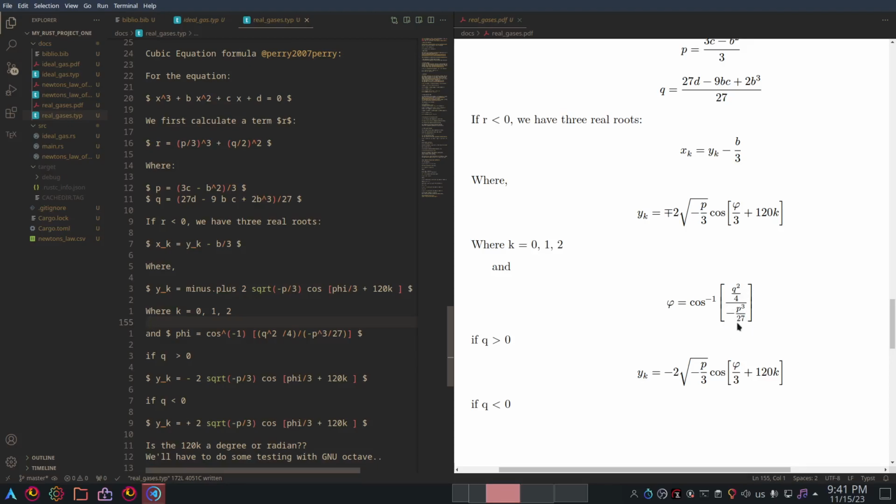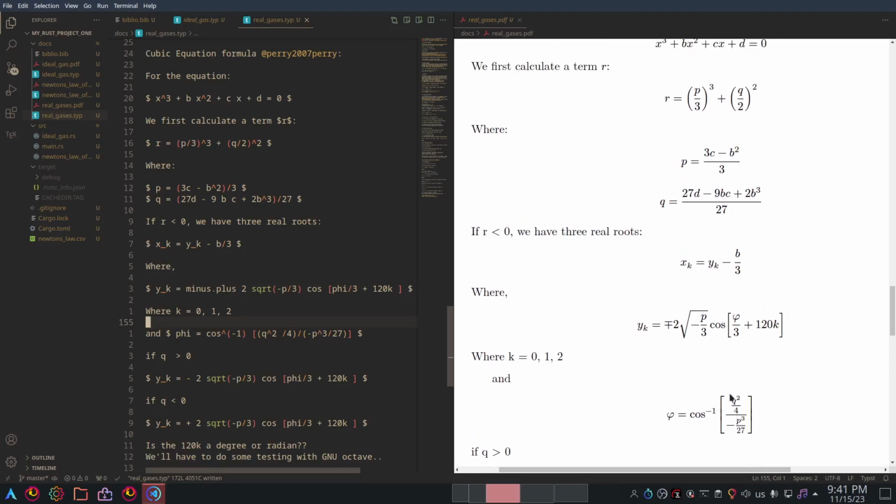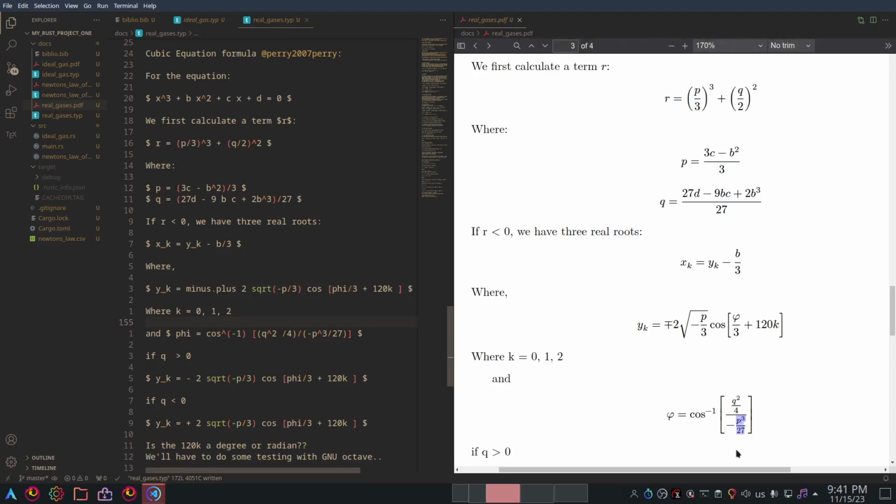Okay, I don't know why Perry's Chemical Engineering Handbook does not change this around. But I guess as you see here, you see this p over 3 cubed and this p cubed over 27. This kind of corresponds, because 3 to the power of 3 is a 27 term, so that ends up in the bottom.